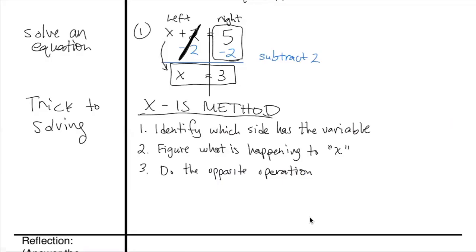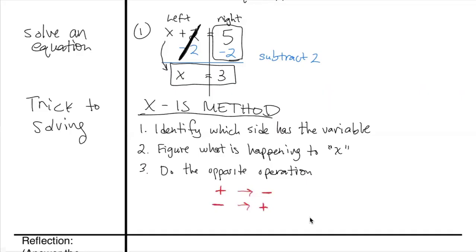So you would have to know what the opposite operations are. So here they are. If you see adding, the opposite that you should be doing is subtraction. Go and write that down. If you see subtracting, the opposite that you should be doing is adding. Go and write that down.